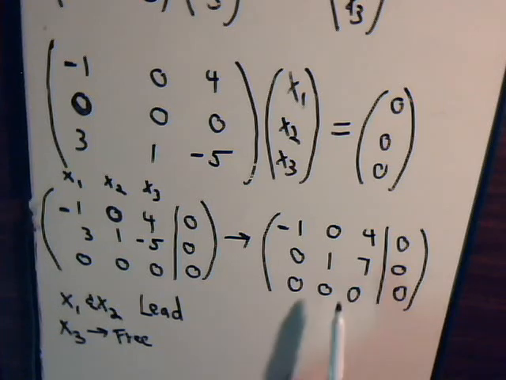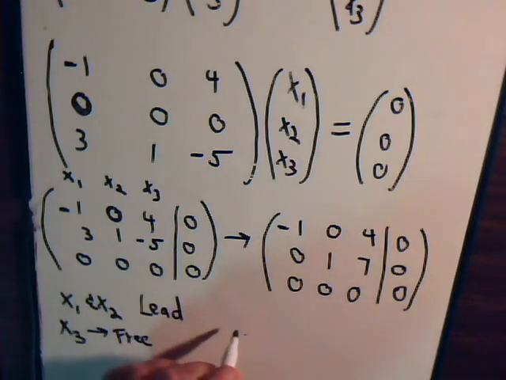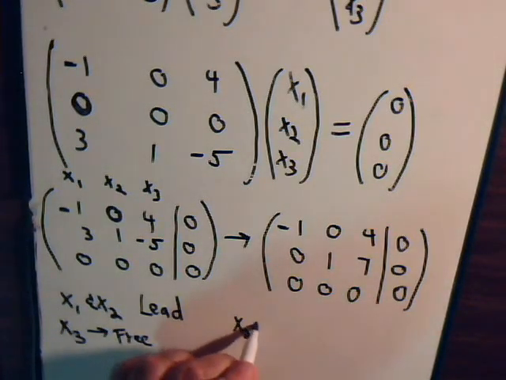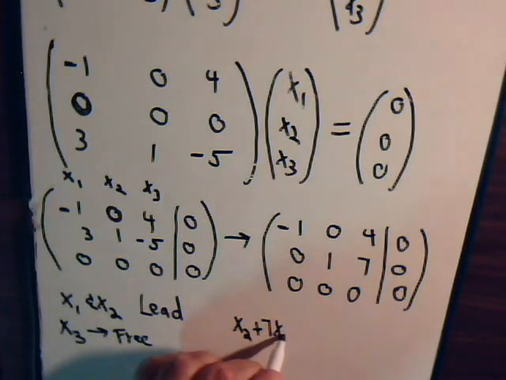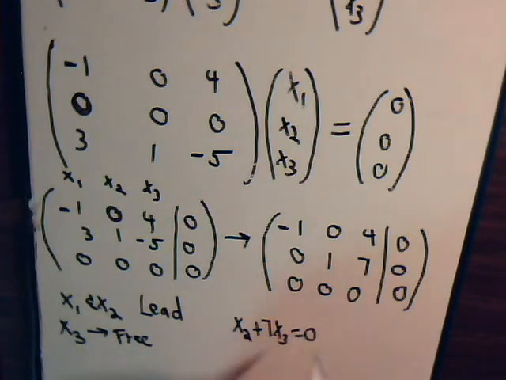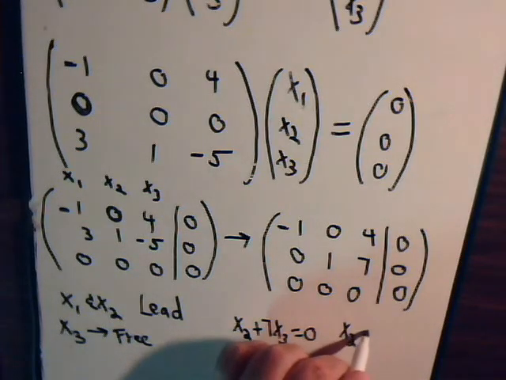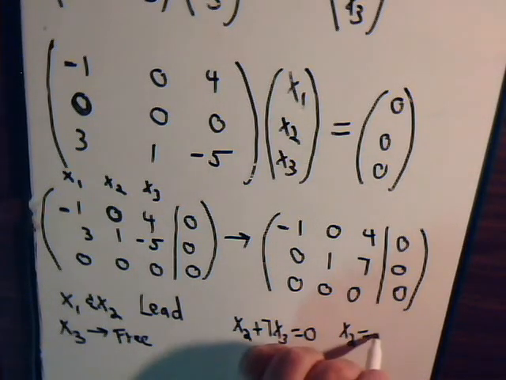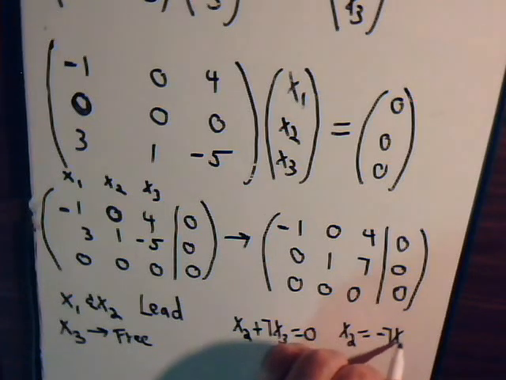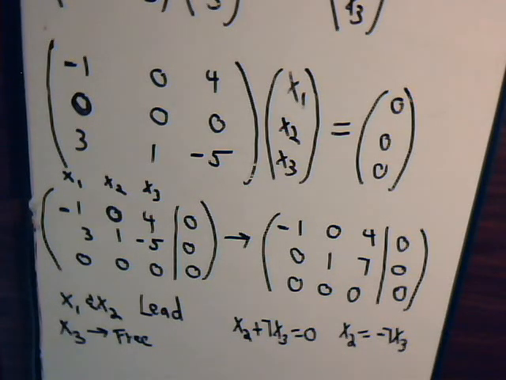Now from here we just have x2 plus 7 times x3 equals 0, or obviously x2 is equal to minus 7 times x3.